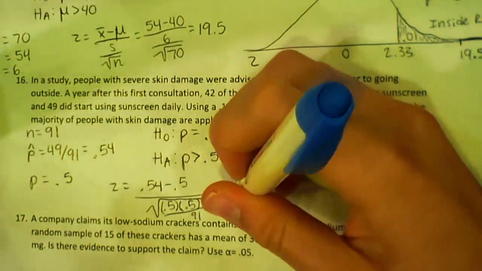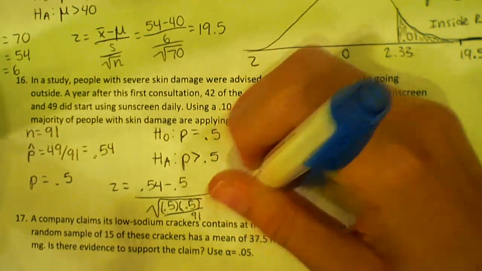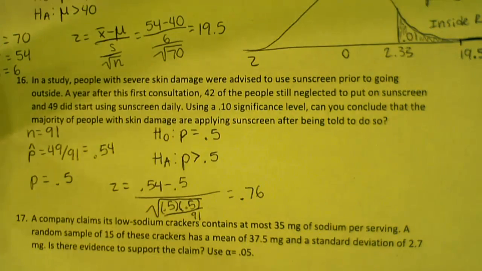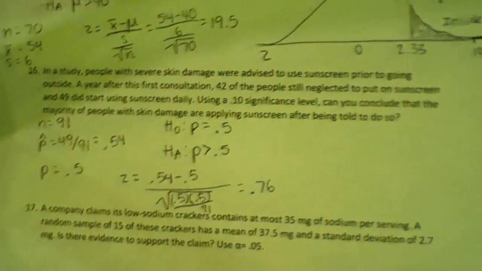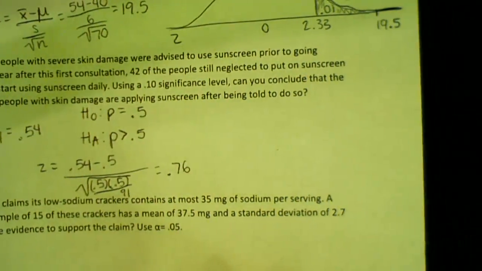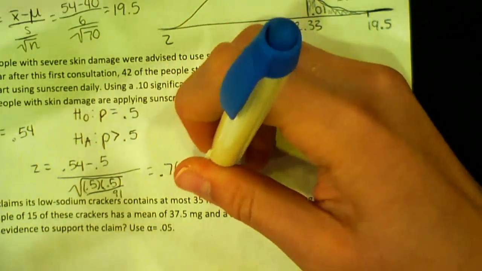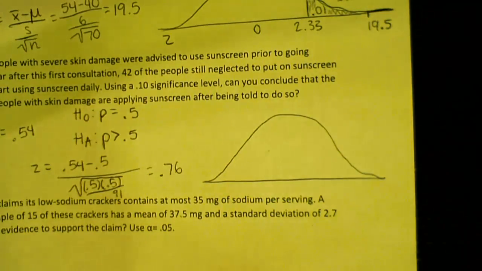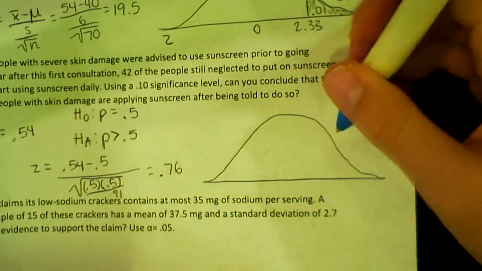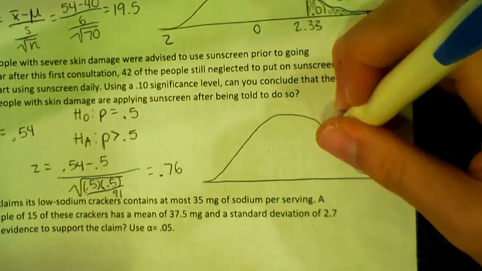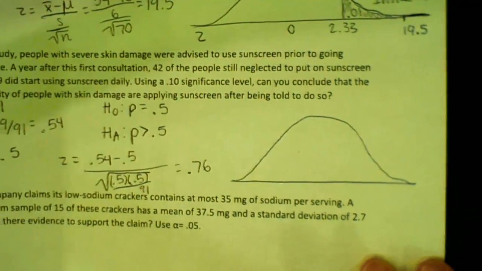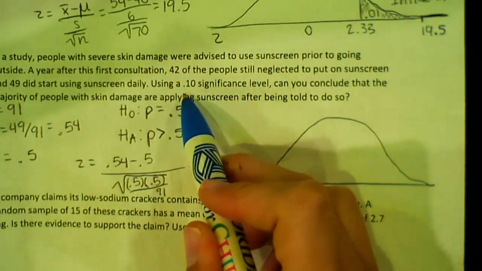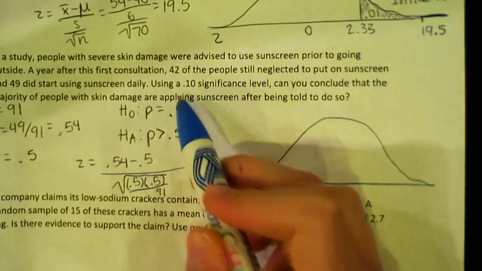0.76? Yeah. And then we go to draw the distribution. And then how should we put, we said that our significance level is 0.1.